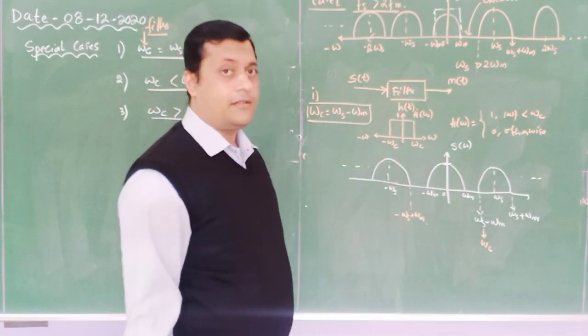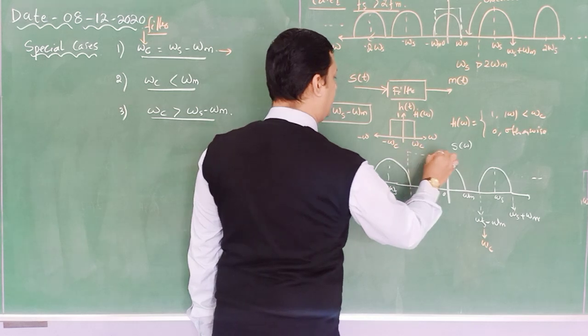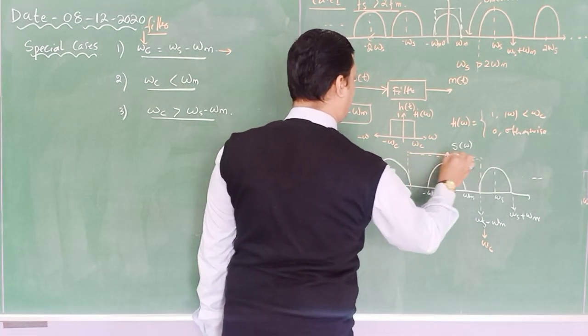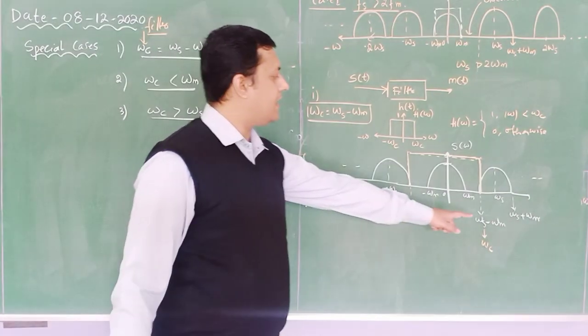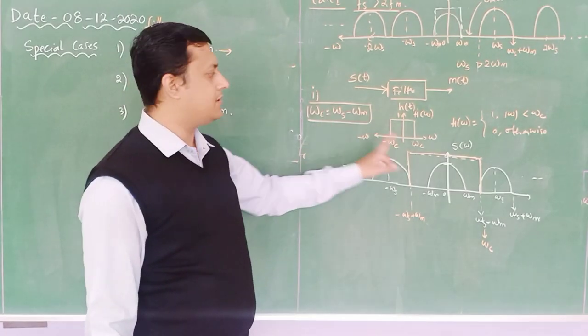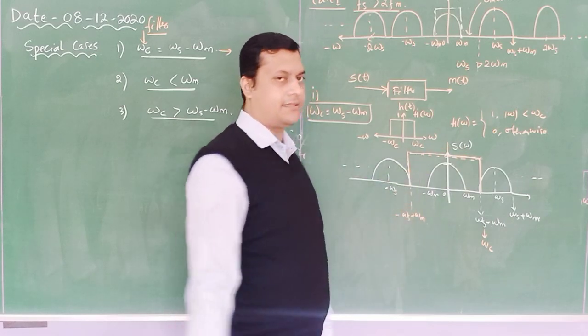So what will be my response? My response means the filter response is this much, because omega s minus omega m is equal to omega c. So this is for the positive part and this is the reflection part.